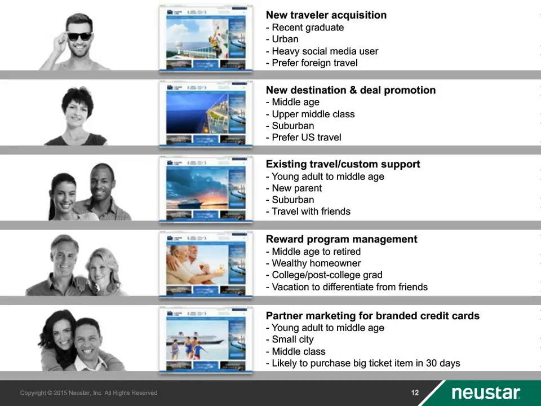These segments are then profiled to understand their behaviors, travel attitudes, lifestyles, and demographics to create just these high-level bullets that you see or demographic descriptions of these audiences. Armed with all of this information on who is most likely visiting the site, the cruise line can not only determine which audience a given user falls into, but optimize the message, creative, and promotion that is sent to them based on that.